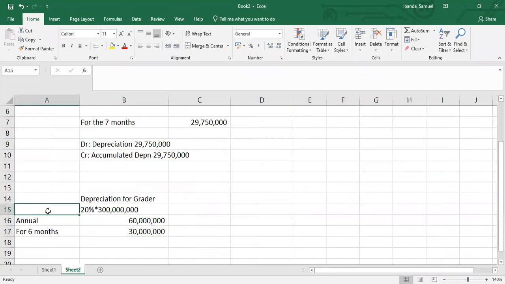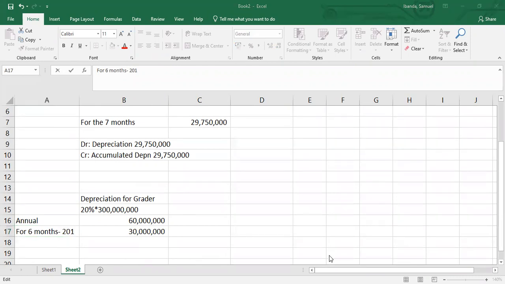So remember, for this case, for the grader, this depreciation was for 2017. When was the grader bought? Just a moment, let me just confirm. The grader was bought in 2017, yes. So this was 2017.